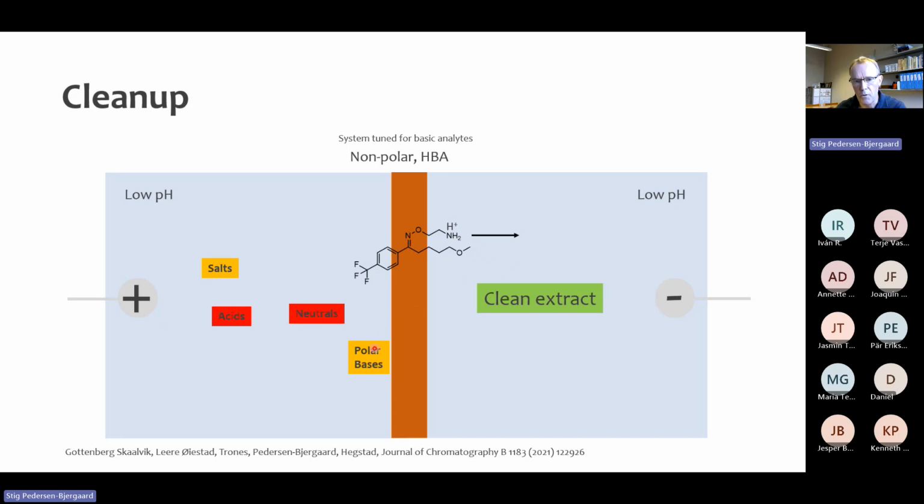But if we have more polar bases, they cannot enter the membrane. Salts cannot enter the membrane because the membrane is too hydrophobic. And neutrals and acids, they will not move in this direction in the electrical field. So the system will discriminate most of the other components in the sample, and therefore we get very clean extracts.